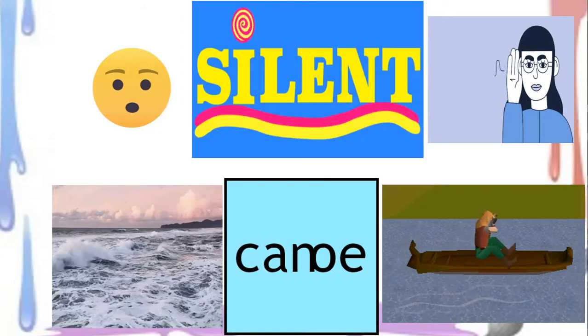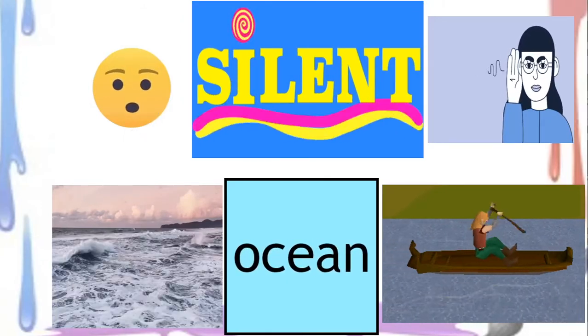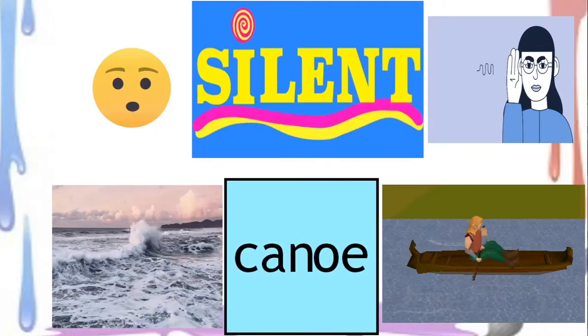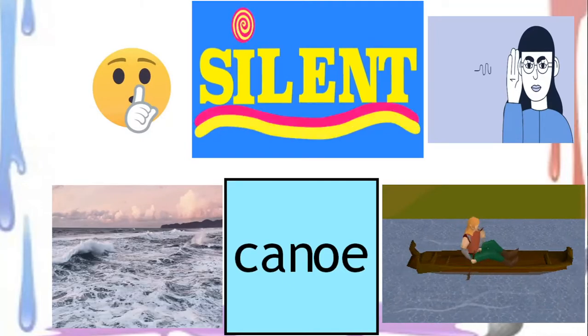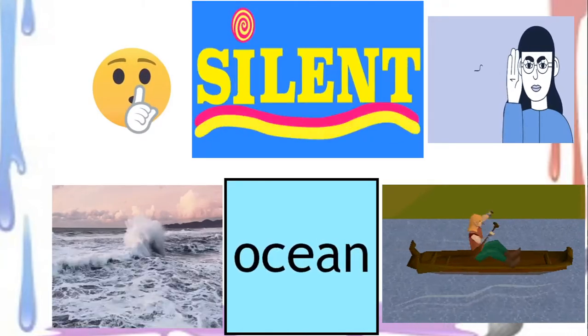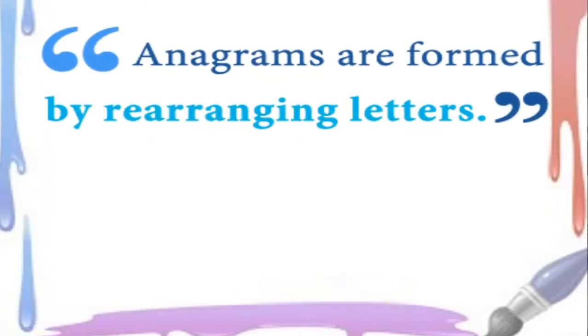Alright, so now I hope you understood what anagrams are. So we tried to study the meaning of anagrams using examples. So let us now try and understand what anagrams are. So will you be able to say what anagrams are? So anagrams are words which are formed by rearranging letters.